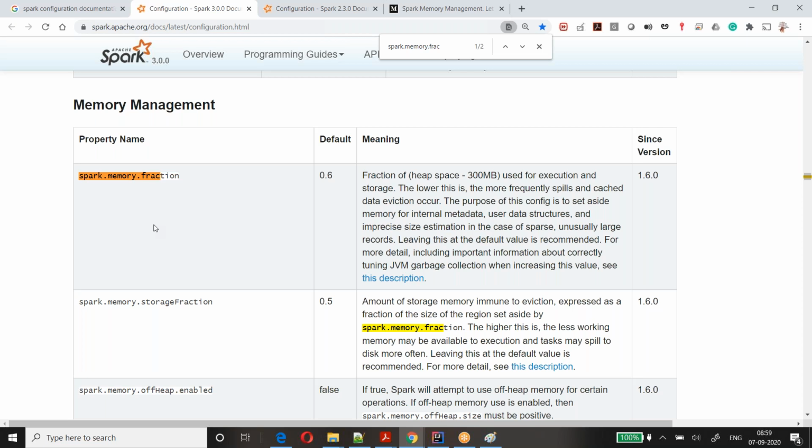Each stage contains a set of tasks, right? People may ask in an interview how stages are created. So based on the type of operations you perform, where you have to shuffle the data, that will go to a different stage. When you don't have a shuffle, it will stay in the same stage.